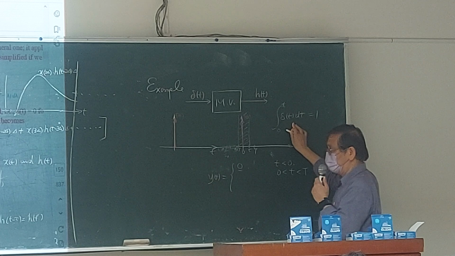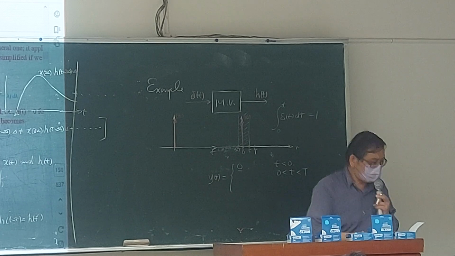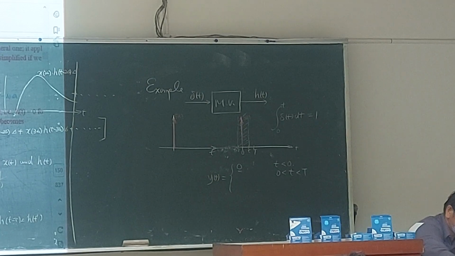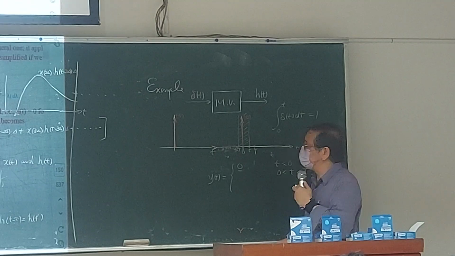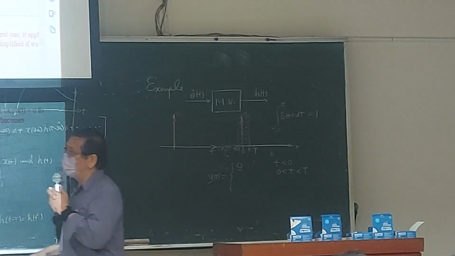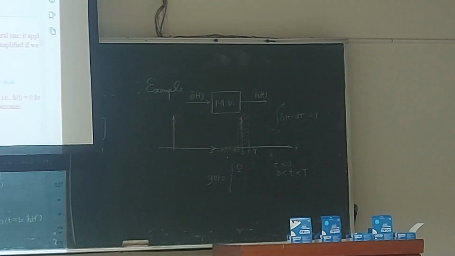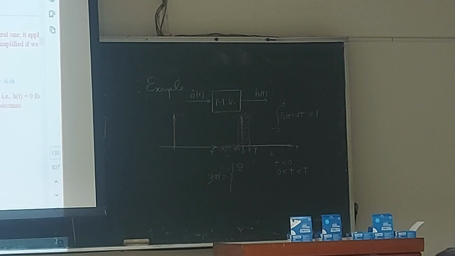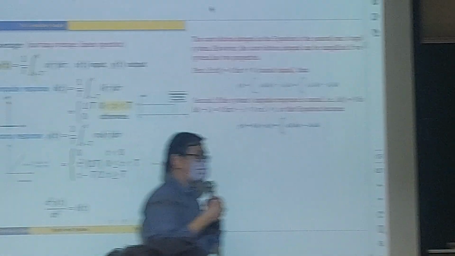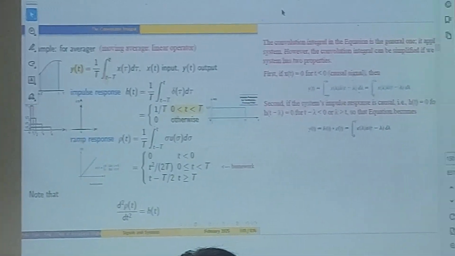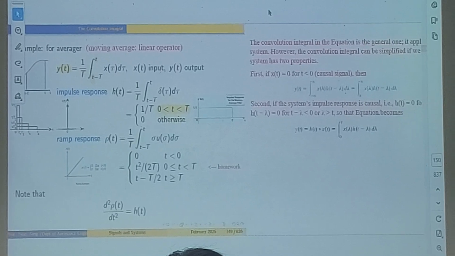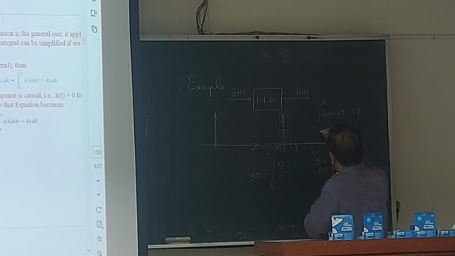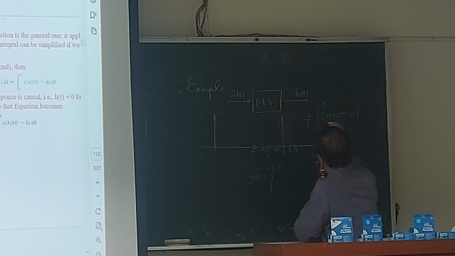So this is 1. But if you look at the definition for the average, we have to define the integral by T, the width. So the area is 1. Now if I divide it by T, then also I can divide by T.